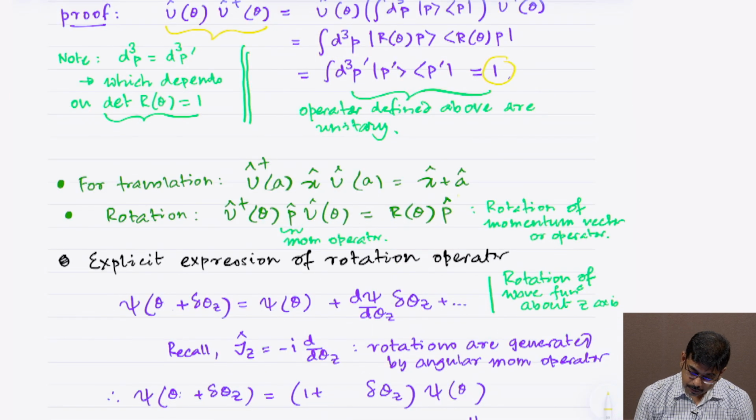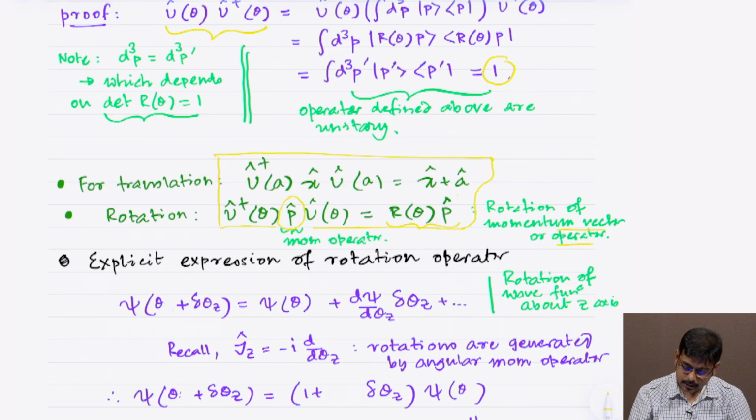So basically, I have the example of translation. I found out first that U dagger(a) x U(a) will be equal to x plus a. Here I do not derive that explicitly, but I rather argue that, because I am talking in terms of the momentum vector or operator, the momentum operator p under U(theta) will essentially rotate your p state to R(theta) p.